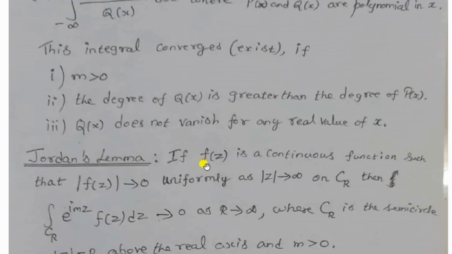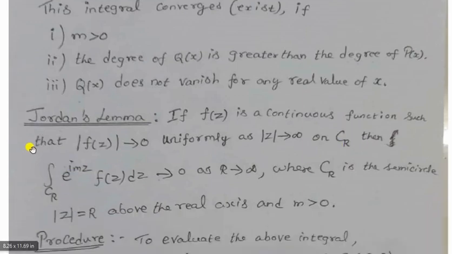Jordan's lemma states that if f of z is a continuous function such that mod f of z tends to 0 uniformly as mod z tends to infinity on C_R, where C_R is the upper semicircle, then the integration over C_R of e^(imz) f of z dz tends to 0 as r tends to infinity. This C_R is a semicircle mod z equal to r, as I explained to you in the Cauchy lemma, similar to that.